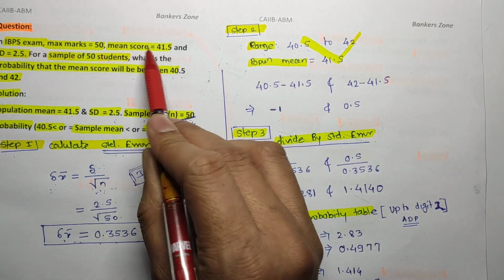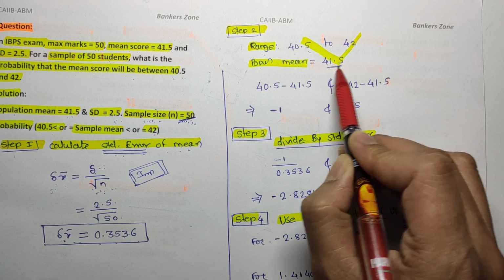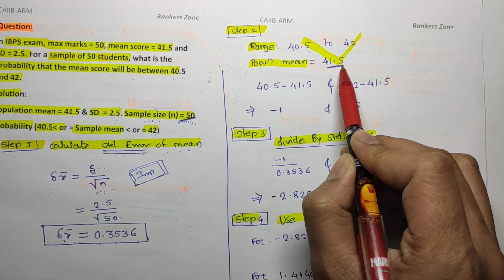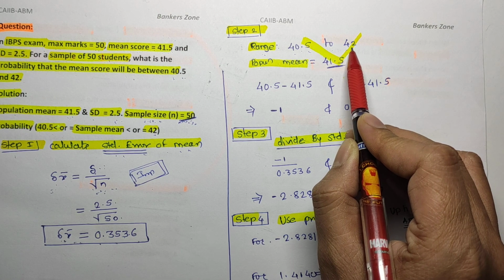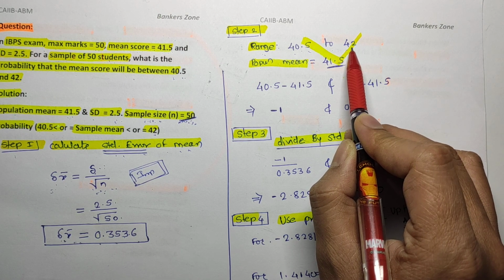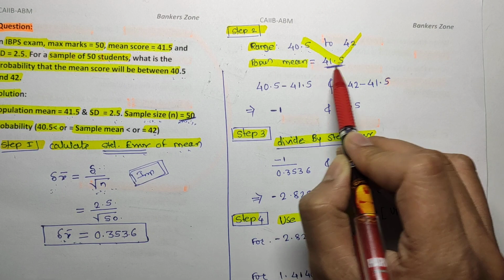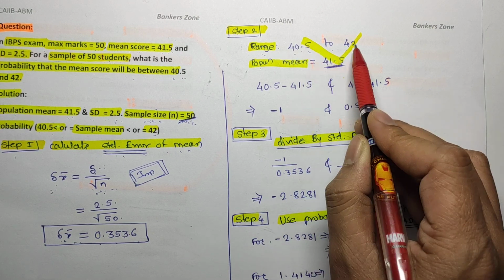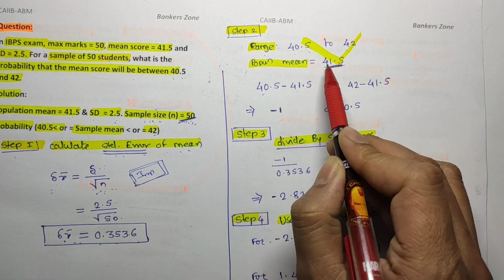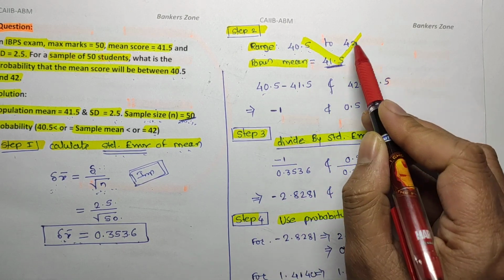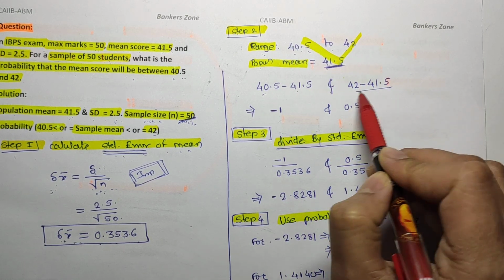Remember that 41.5 lies between 40.5 and 42, right? So in step 2, we have to subtract this average from this value and this value also: 40.5 minus 41.5 and 42 minus 41.5.